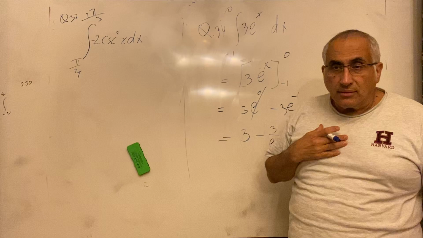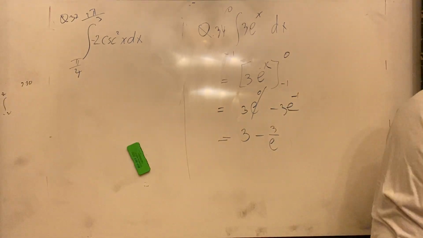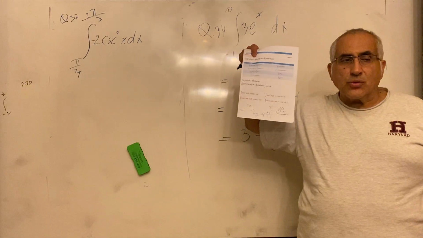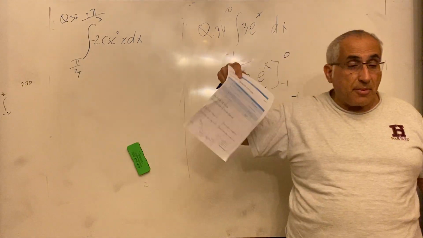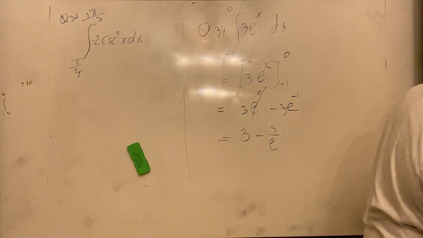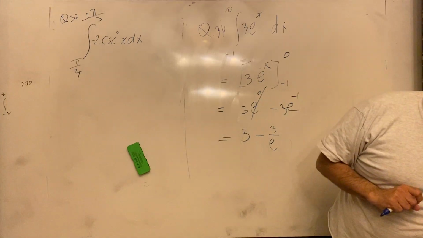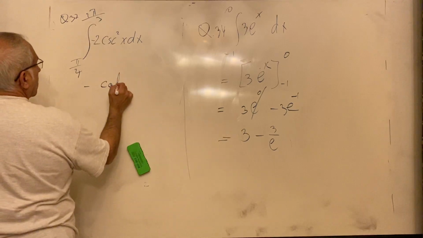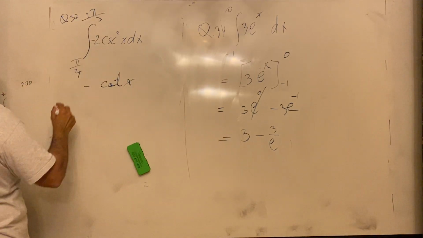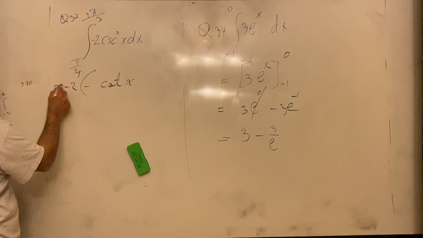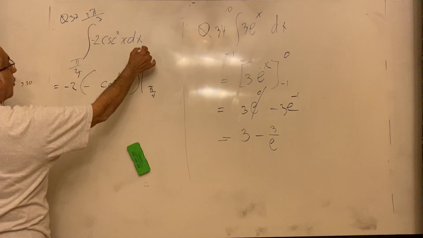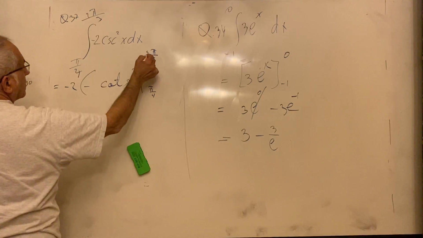I don't remember that, I will go and look up this one. These are the rules we need to use. I can't memorize them. So the integration of cosecant squared is minus cotangent x. Don't forget, I have a minus 2 here, everything from pi over 4 all the way to 2 pi over 3.